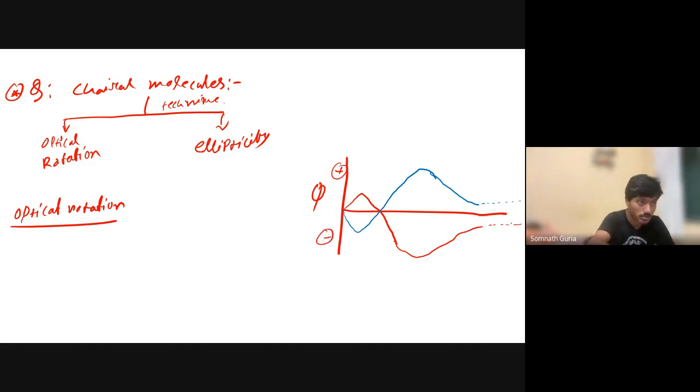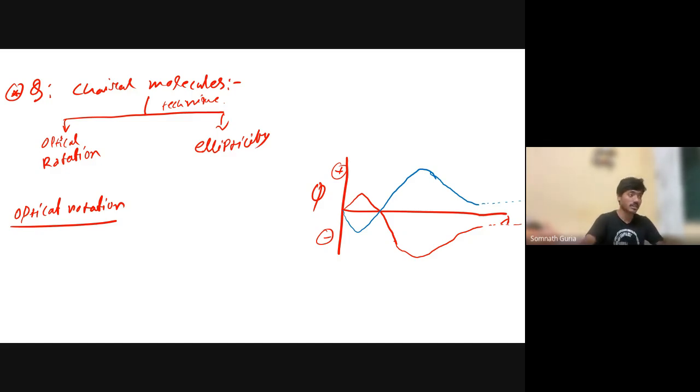Sorry, everything should be written. So we don't find any optical rotation because there is a chance that my optical rotation is being measured at the point where it is found to be zero, at that cotton effect.